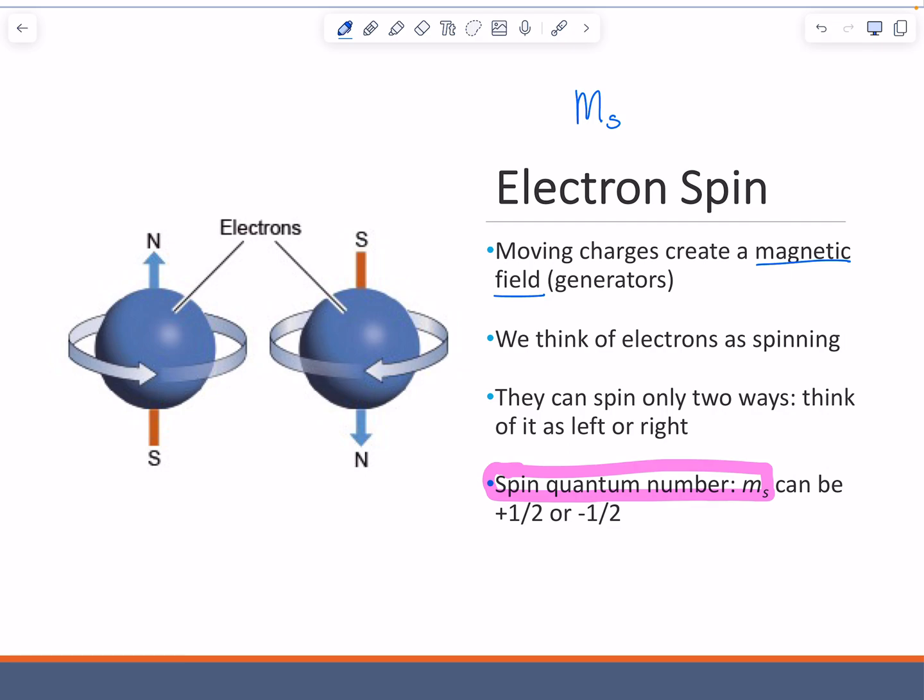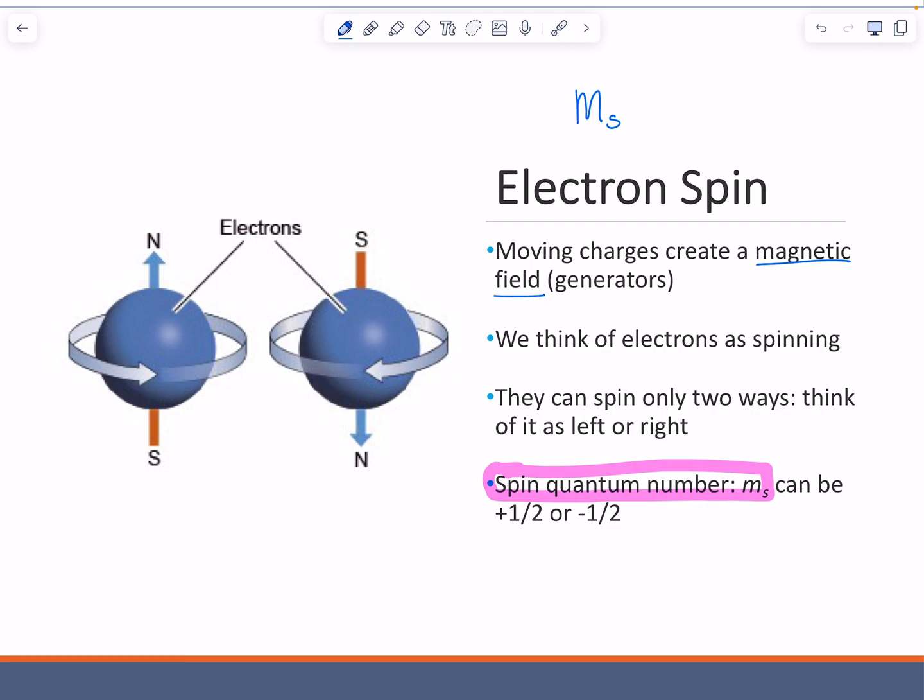And so what we call these are up and down spins, because a moving charge creates a magnetic field. Magnets have two poles, a north and a south pole. So if you have two bar magnets and you bring them towards one another, they're going to push each other apart if the north poles are facing one another, and they're going to stick together if the north and the south pole are facing one another.